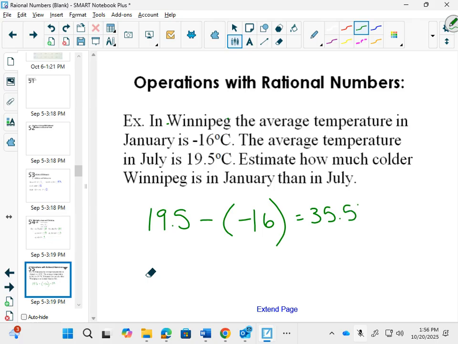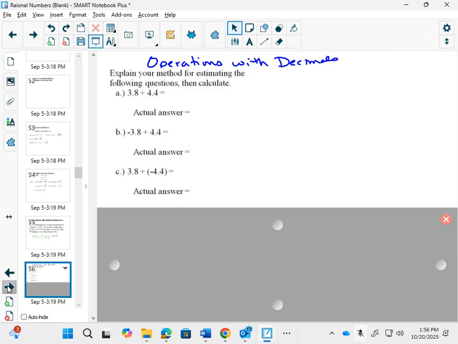Now we're not going to do a lot of these because I've got a worksheet where we're going to do some math with decimals. So I've got a bunch of them here, but what I want you to do, and on the worksheet as well, is come up with an answer you think it's going to be close to.